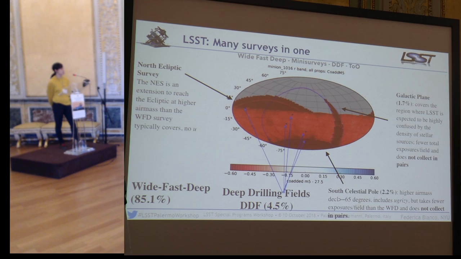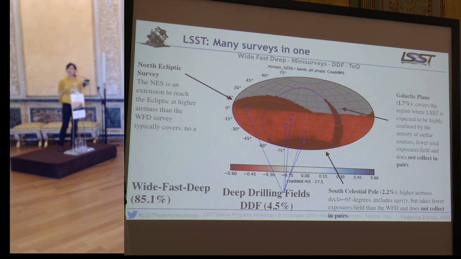So there will have to be some avoidance of the most crowded fields, because I don't think there is any expectation that the default LSST pipeline could be robust in the bulge and the most crowded fields.